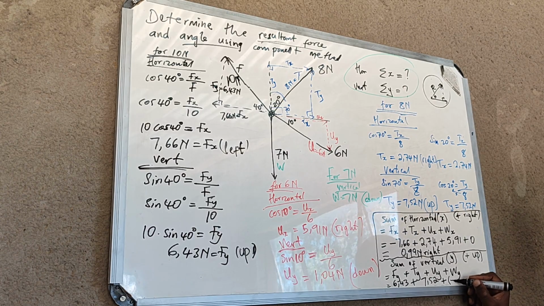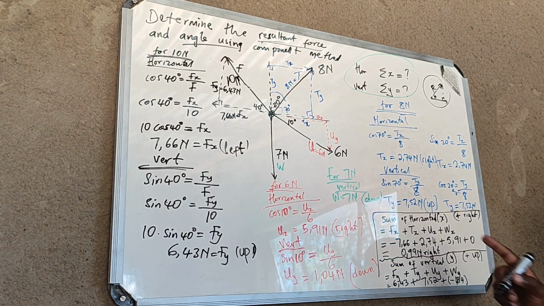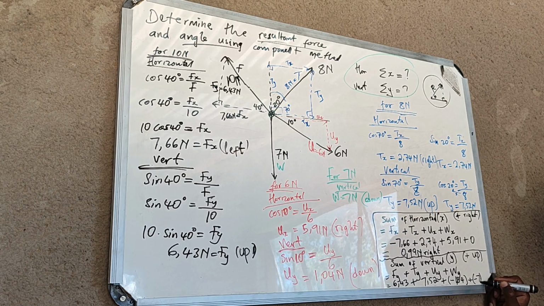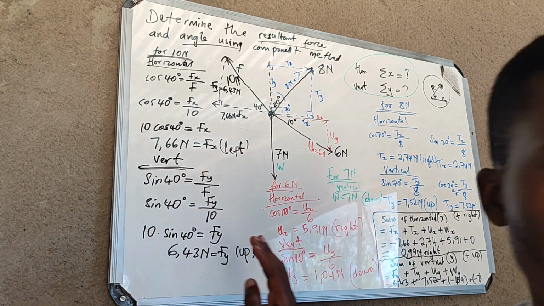Down is negative again. Negative 1.04. Wy is going where? Down is what? Negative 7, just 7 again. And then you press the calculator to tell me what you get. I'm going to erase it now because we have everything there again.